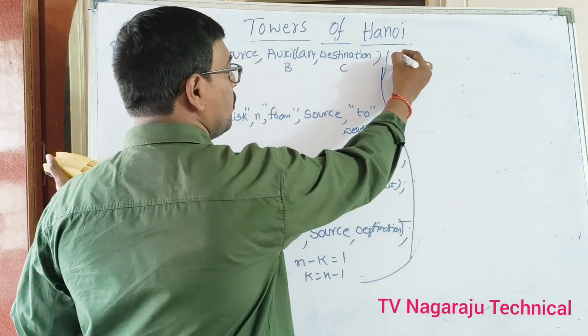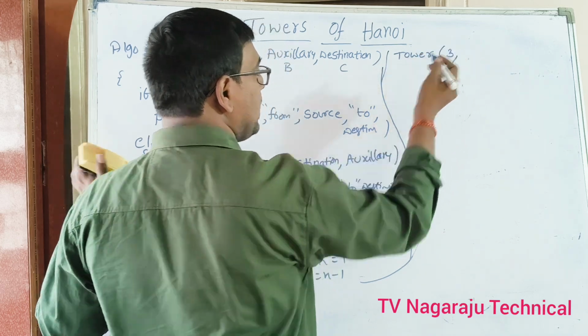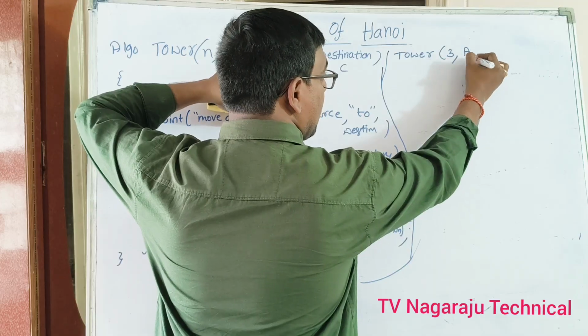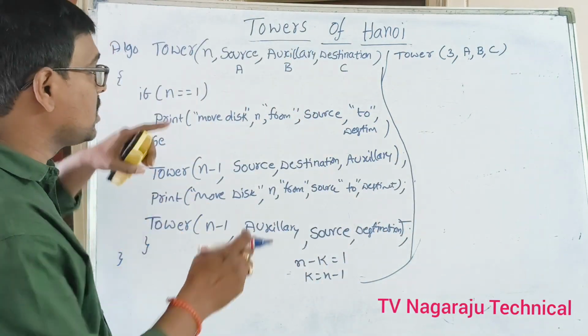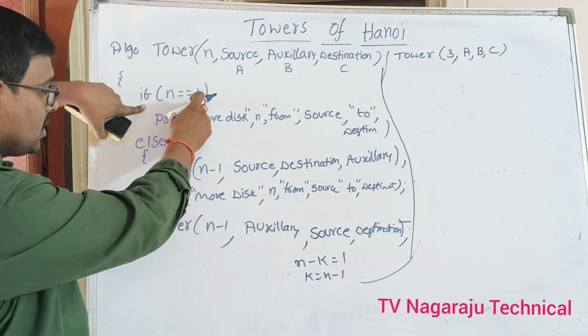Observe the calls carefully. Initially, the number of disks is 3, my source is A, B is auxiliary, and C is destination. By using this I call; the condition n is equal to 1 fails.